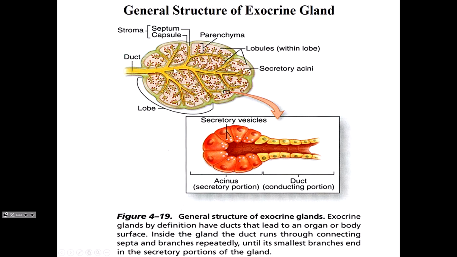You can see there's a duct portion which can branch multiple times, and then at the very end we have these small acina, which are the secretory portion. And if we magnify this little bulbous portion here, we can see the duct portion, which is the conducting portion in yellow, and the acinar portion, which in this case is the secretory portion, in orange.